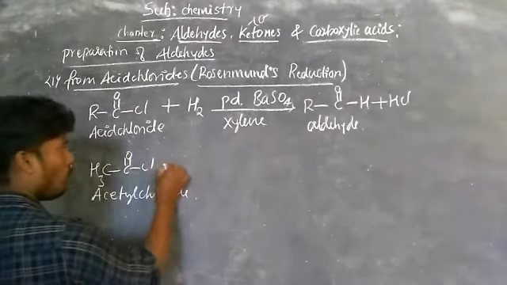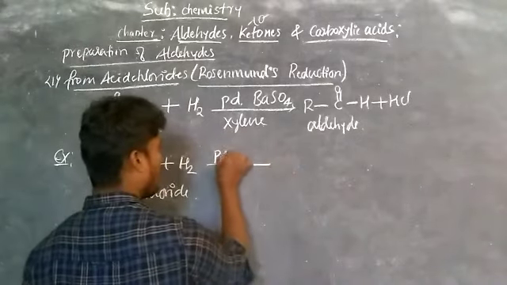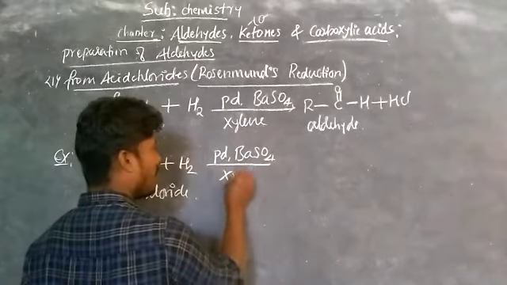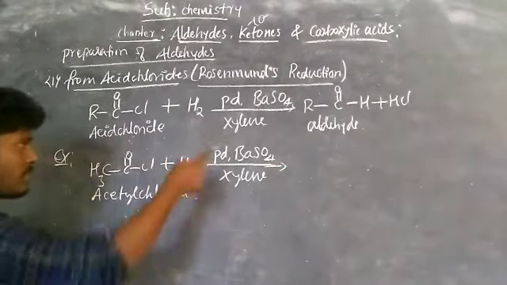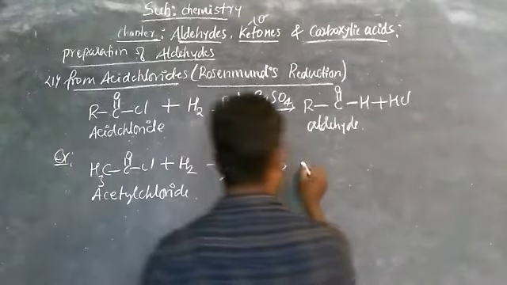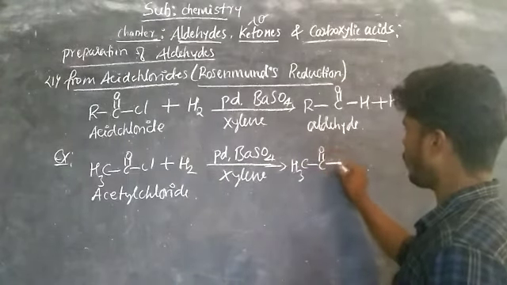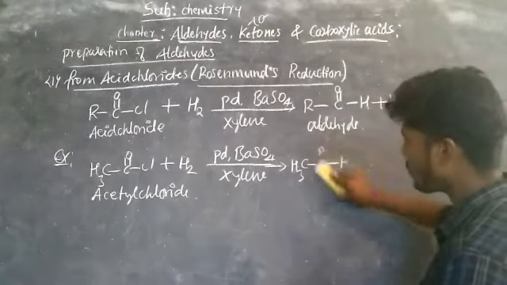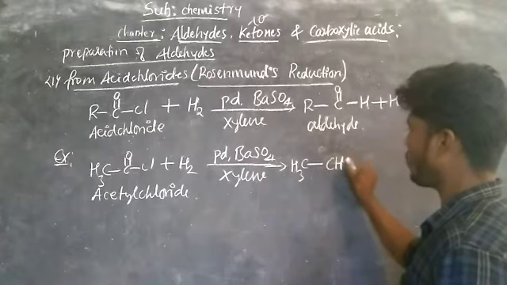Now the acid chloride is treated with hydrogen, which means it undergoes reduction in the presence of palladium catalyst on barium sulfate, and xylene is the solvent. Under this condition, in place of Cl, what you get is CH3 bond C double bond O bond H. If it is difficult to write like that, you can simply write CH3 bond CHO.